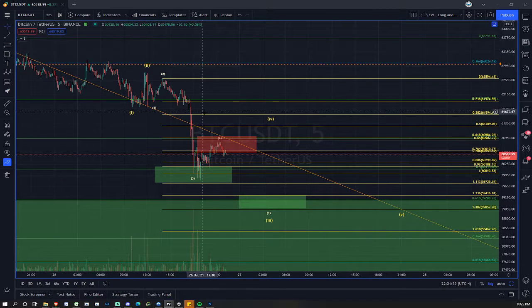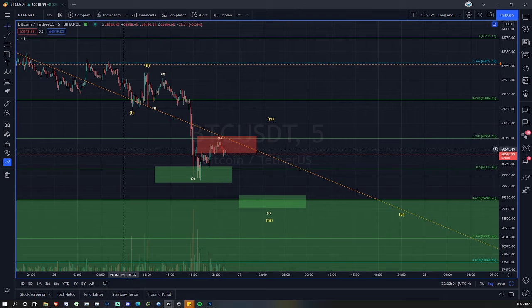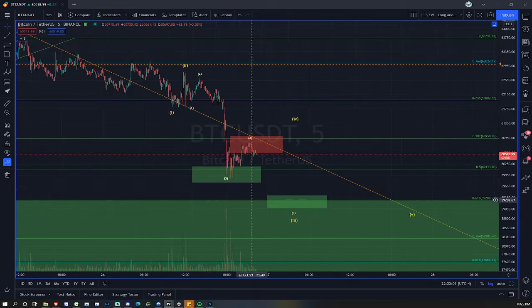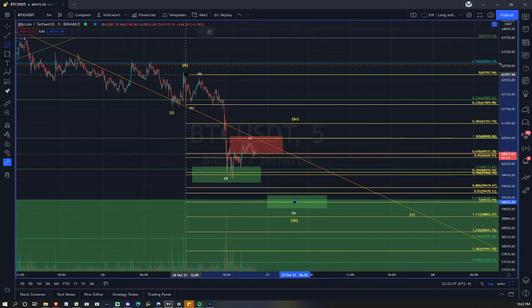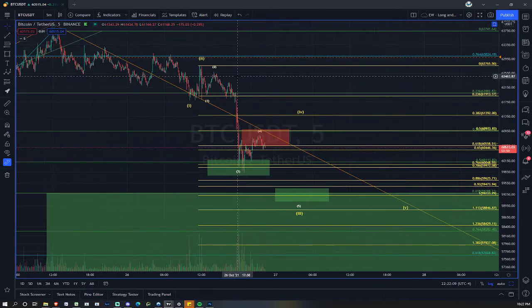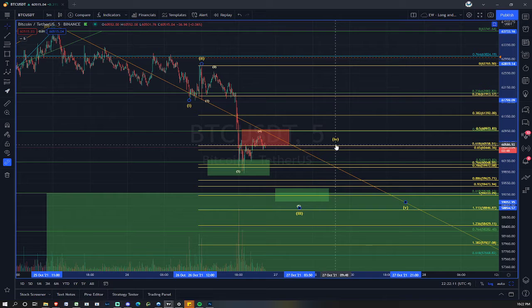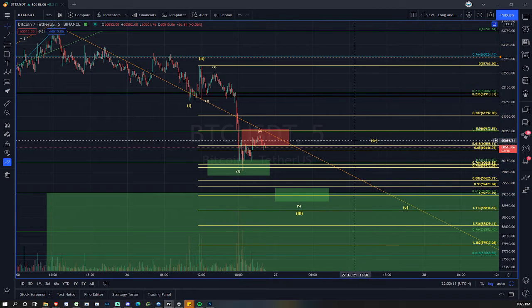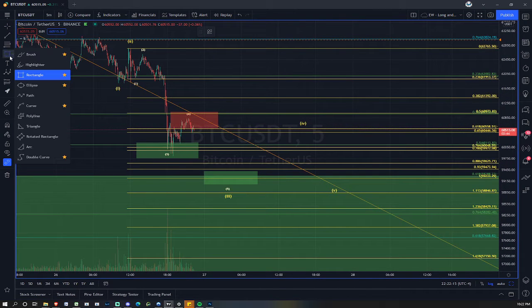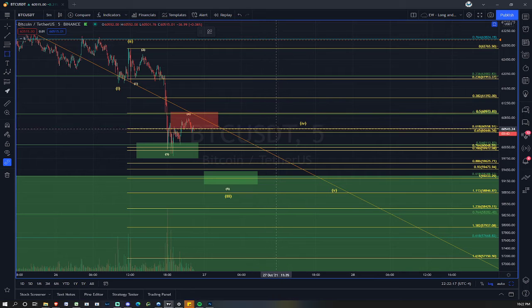And then if that is in fact the case, then what we'll have to do is draw a backwards fib from 3 to 2 like this. Okay, and then larger 4th wave resistance is going to be in here, like that.